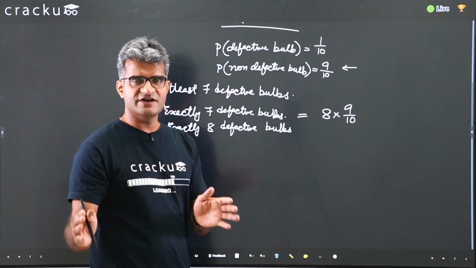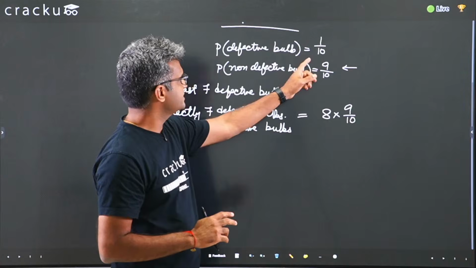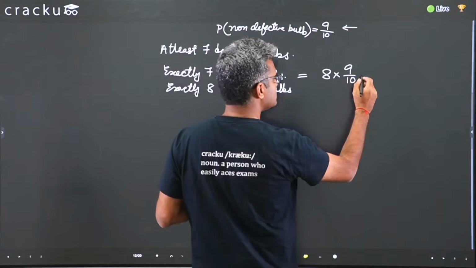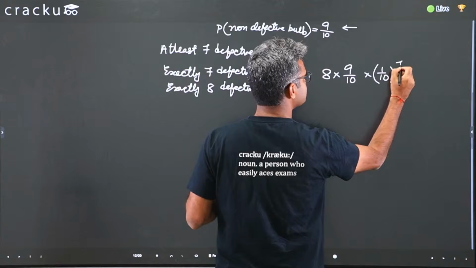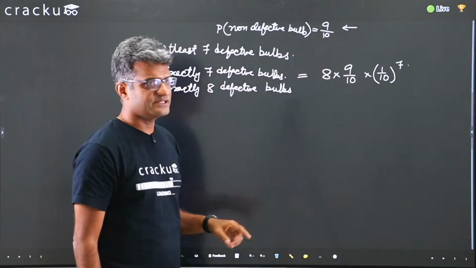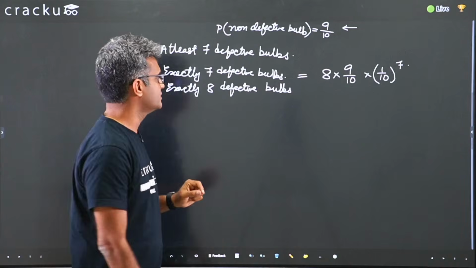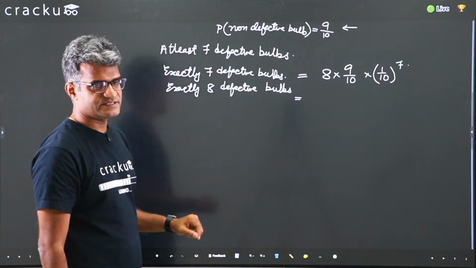Now we have 7 remaining bulbs and we want all of them to be defective. And the probability that a bulb is defective is 1 by 10. So the probability that all the 7 bulbs are defective is 1 by 10 to the power 7. This is the probability that exactly 7 of the 8 bulbs are defective. What is the probability that all the 8 bulbs are defective, which is the second case?